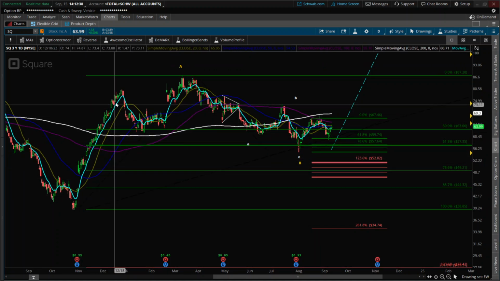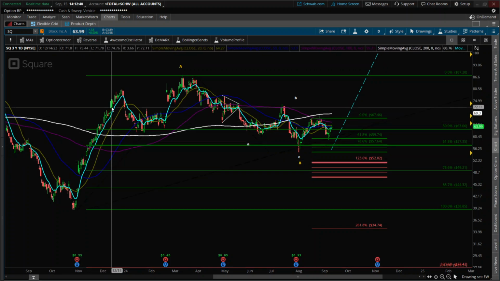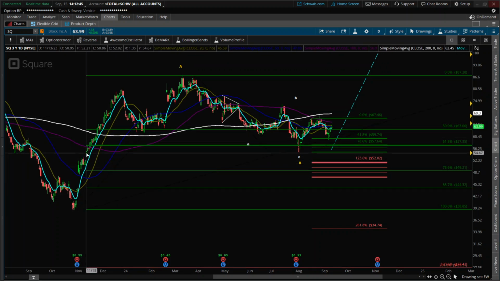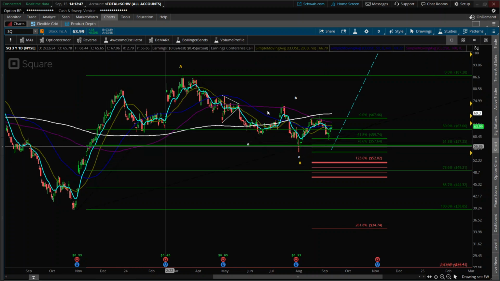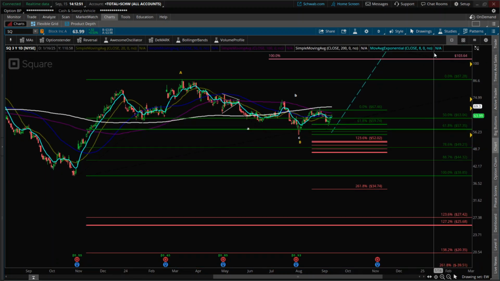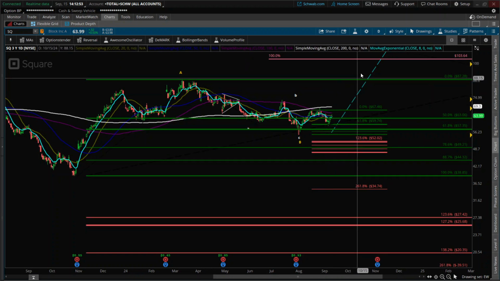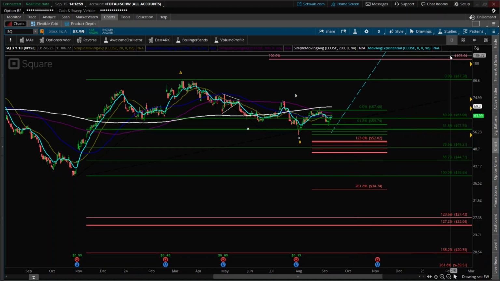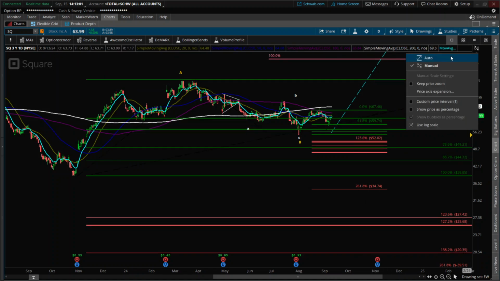Probably even more of a rip than this. After you get your move here, you have these each day kind of moves a little bit. I think it's going to be a little bit more impulsive. So just to get to that 103, it's got a lot of room to move. So I think this is a highly probable, massive potential play that could come really, really soon here.